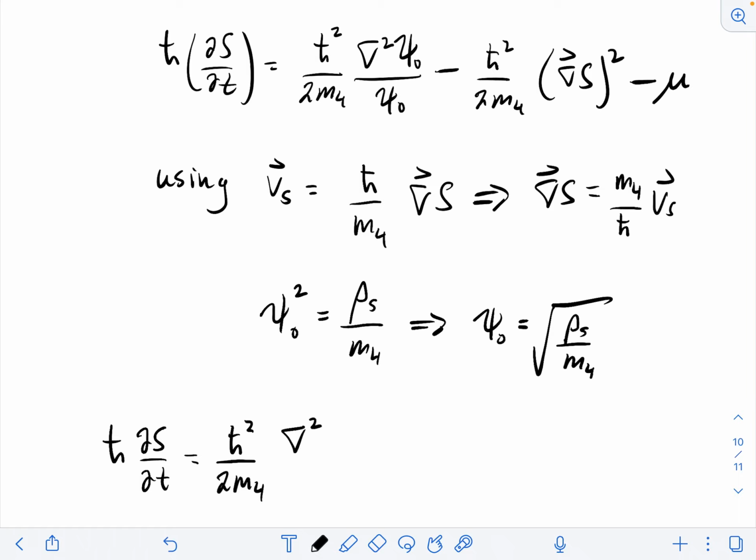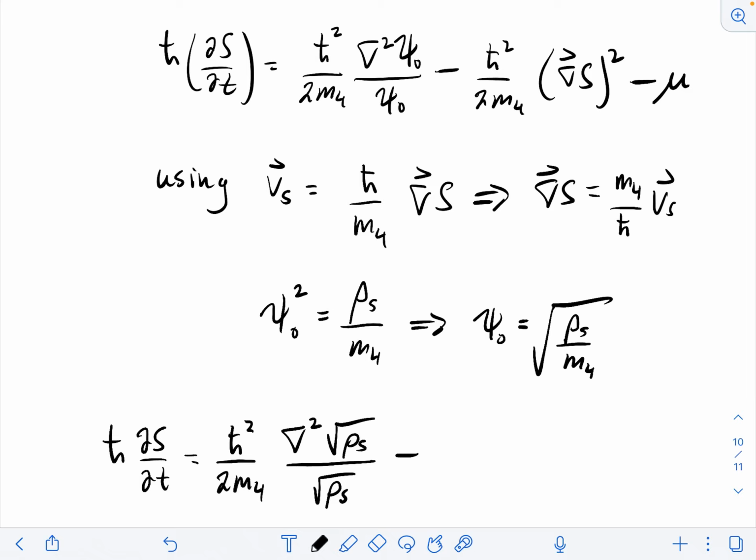So the 1 over root m factors are going to cancel, and we could write this as ∇² of the square root of ρs divided by the square root of ρs, minus the gradient of S squared, which is going to be m² divided by ħ².